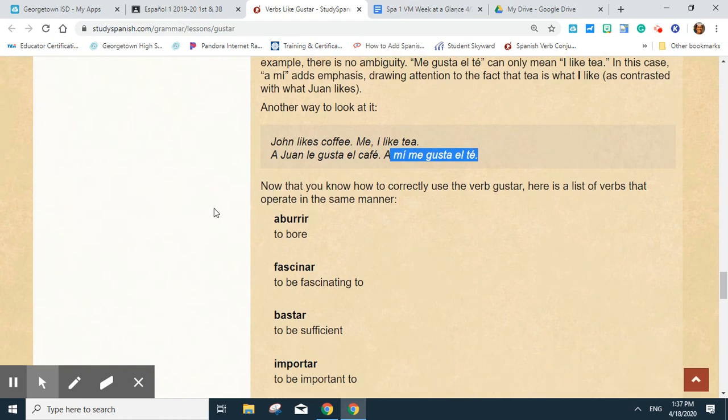Now that you know how to correctly use the verb gustar, here is a list of verbs that operate in the same manner.